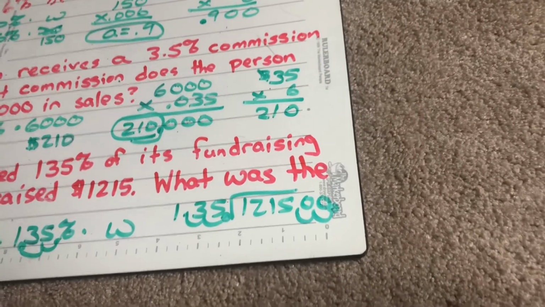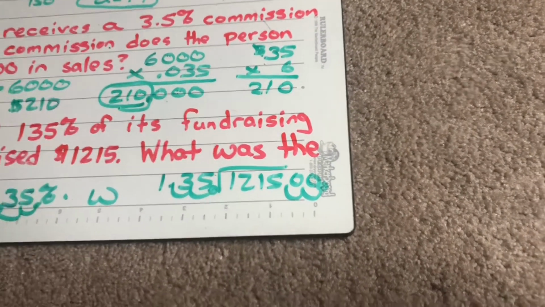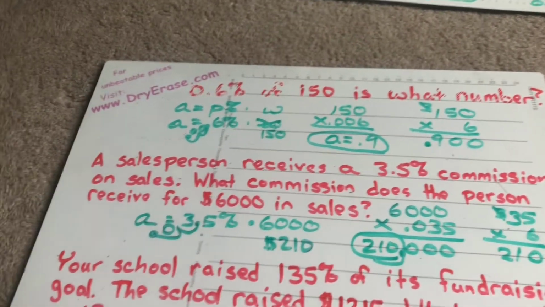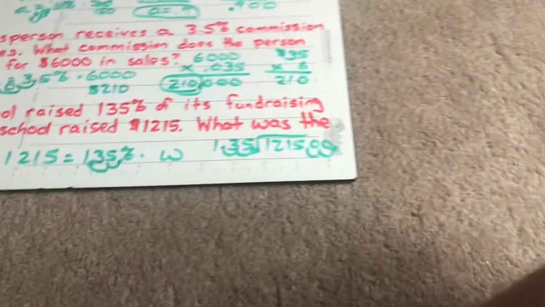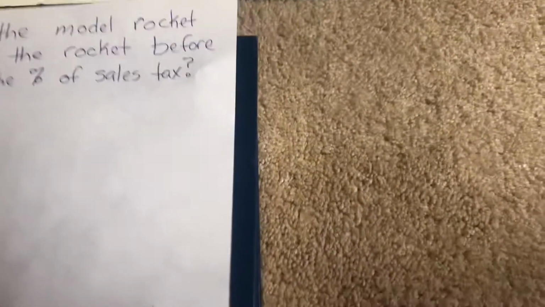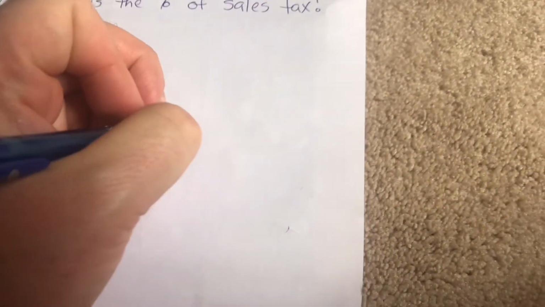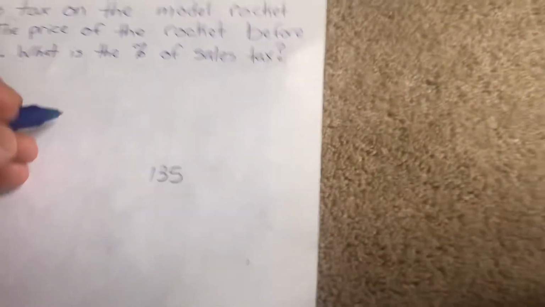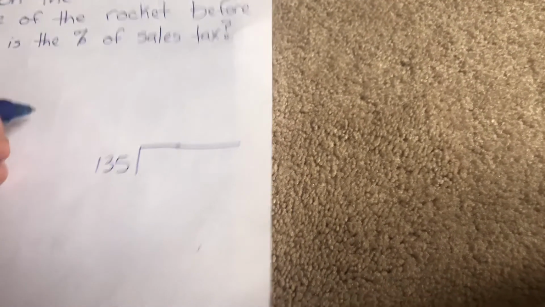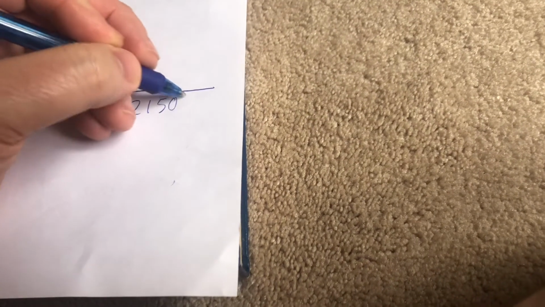Now, I'm going to come over here because I don't really have room to do this problem. I'm going to give myself a hard book to write on, and a piece of paper. Essentially it's going to be 135 going into 121,500.